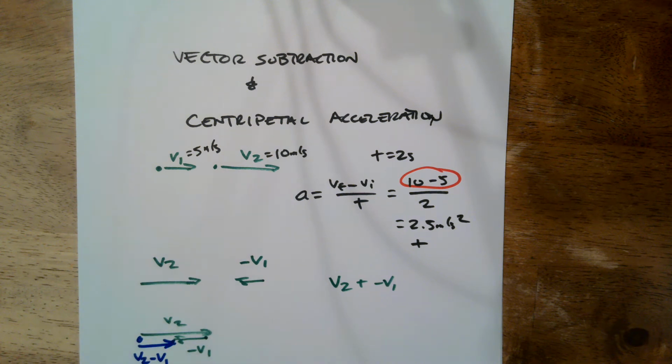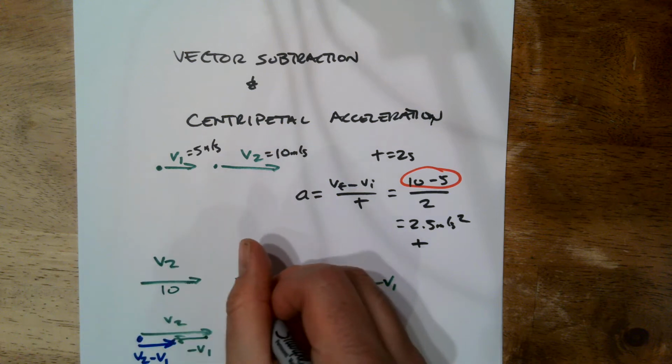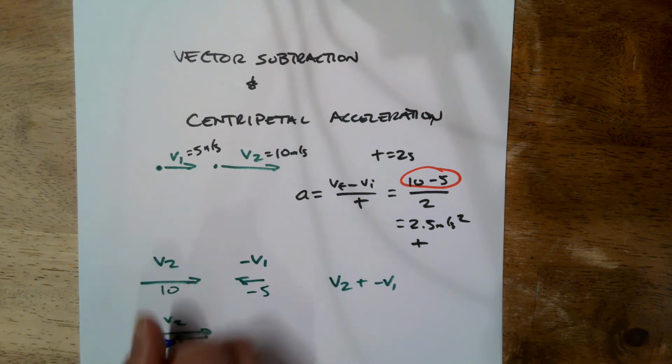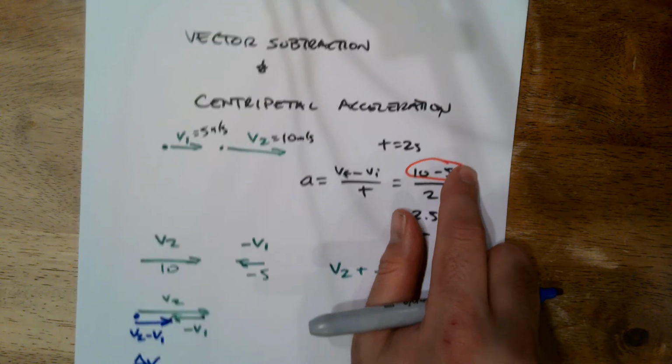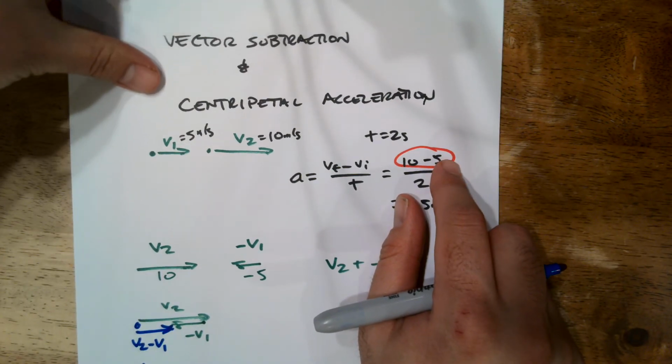And if you take a look here, numerically, this is worth 10. This is negative 5, so we're adding 10 to negative 5, and we get a delta v of 5 if you look at the length of it. So that makes sense with this right here, because what we have is a difference of 5.